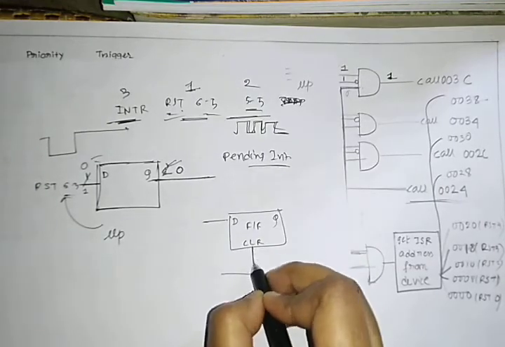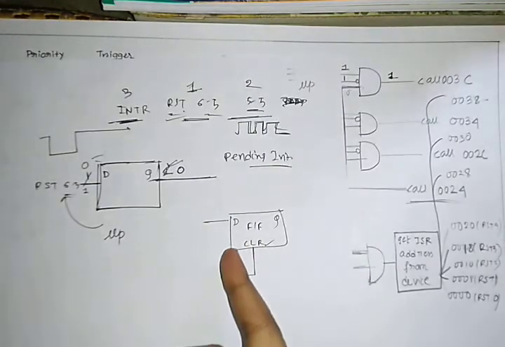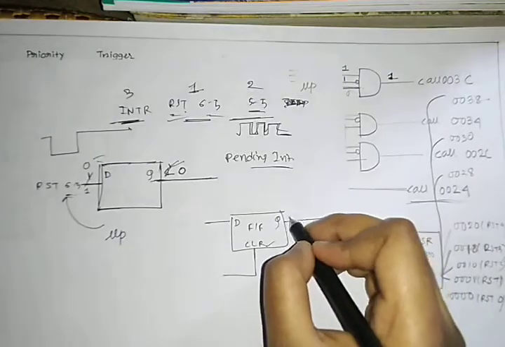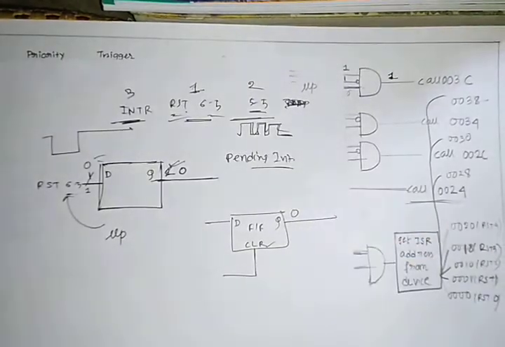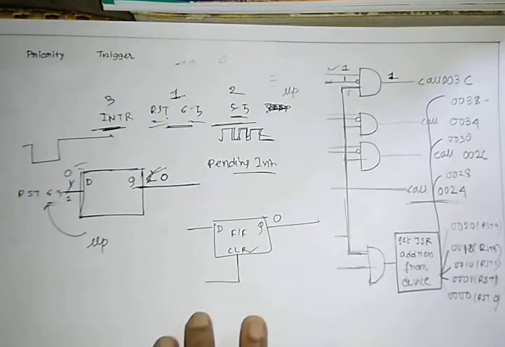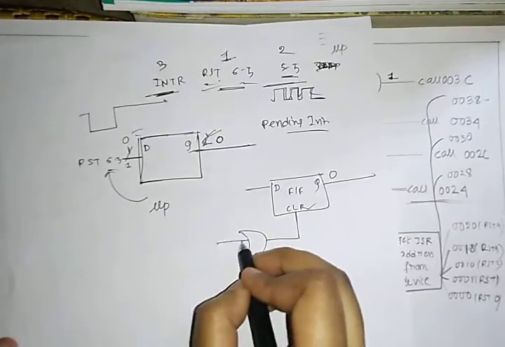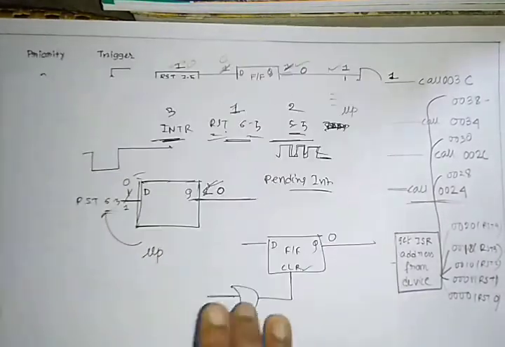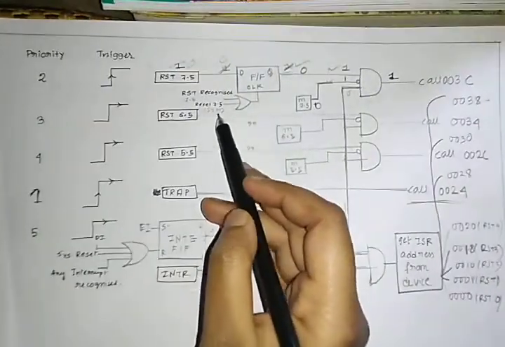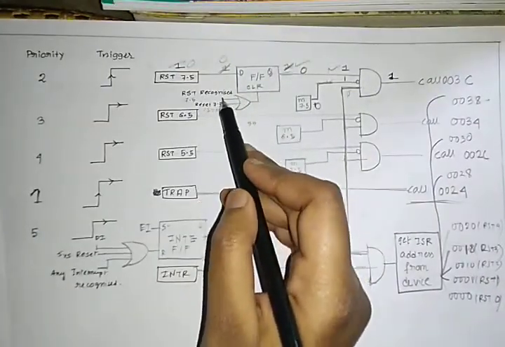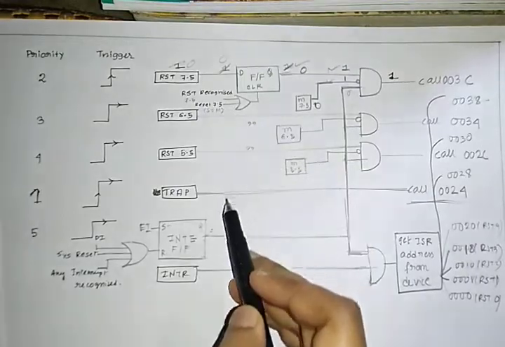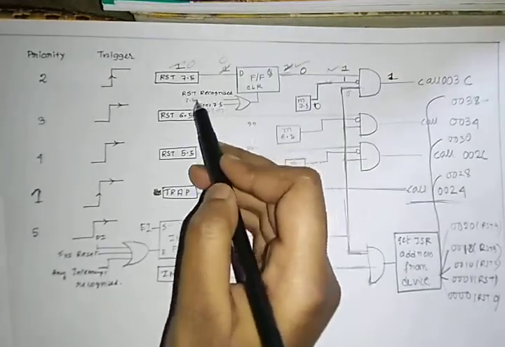You have to use this clear instruction to make this 0. For the clear instruction, again we have a gate, which is an OR gate. There are 2 conditions. Now remember this very carefully. Only in case of RST 7.5 there are these 2 conditions. For the other 2 there will be only 1.